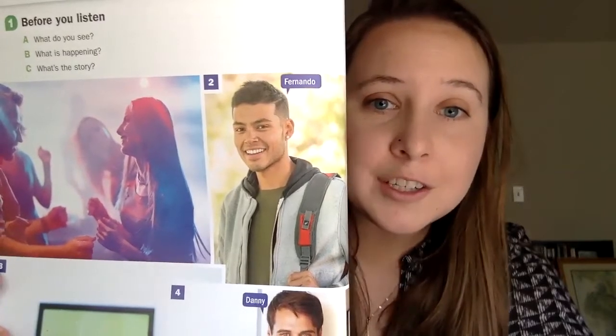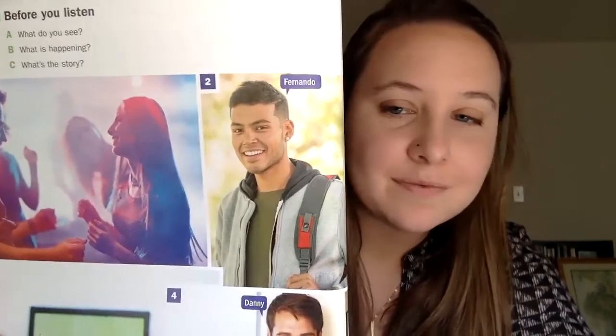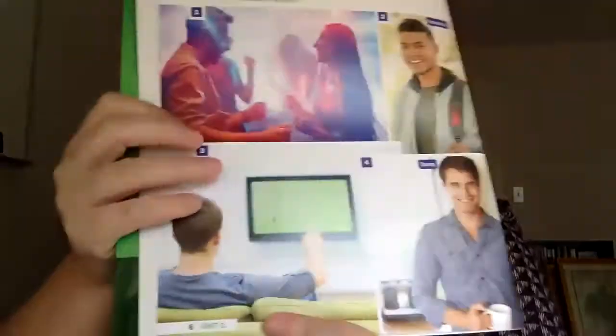Okay, all right, good, good. All right, now let's take a look at picture number 2. So number 2, we had his name is Fernando. So it looks like he's maybe in his 20s, something like that. He is wearing a backpack, so maybe he's a student. Good. So let's go down to picture number 3 now.